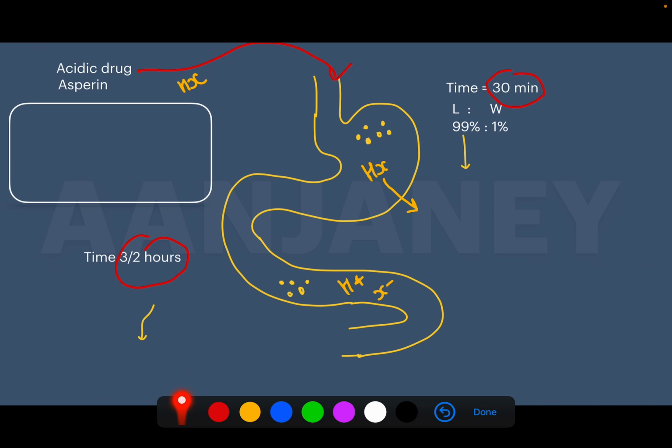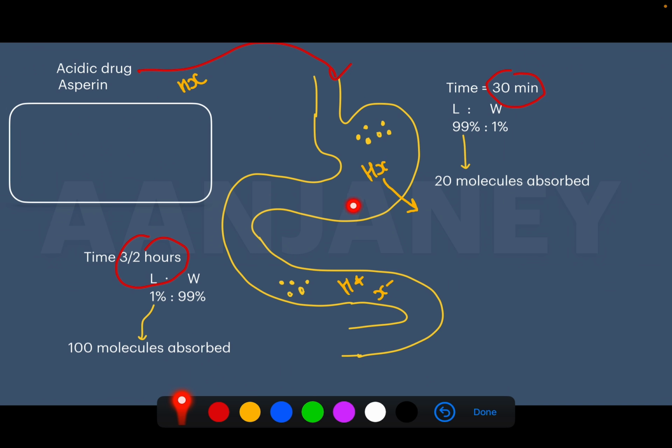But it doesn't happen like that, because inside the stomach the drug just stays for 30 minutes. In these 30 minutes we know that the acidic drug will be 99% lipid soluble and 1% water soluble over here. From this 99% which is lipid soluble, 20 molecules are absorbed in 30 minutes.